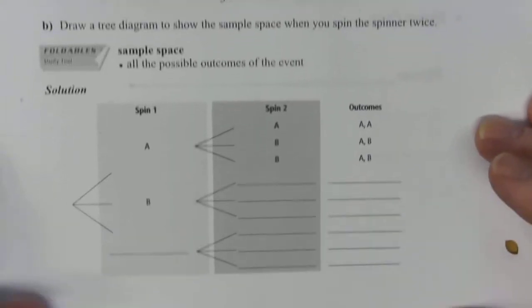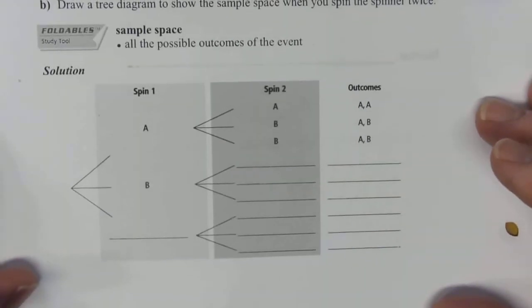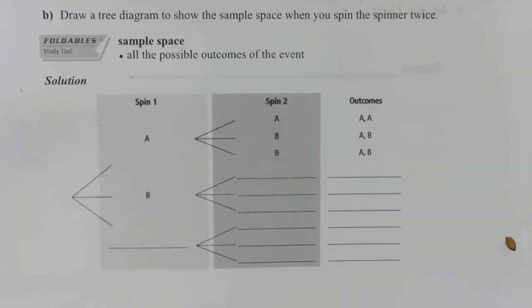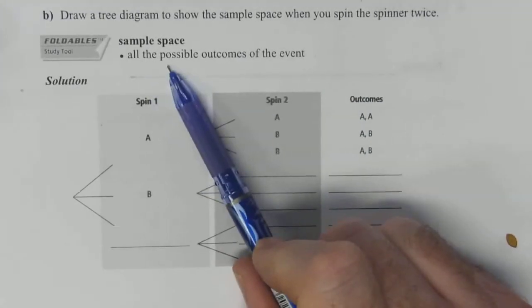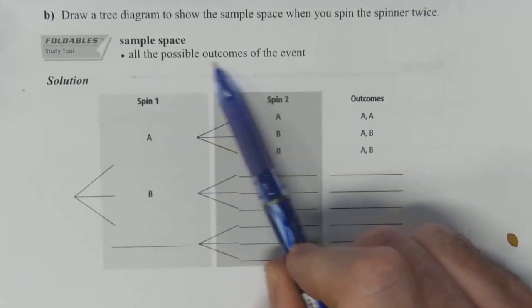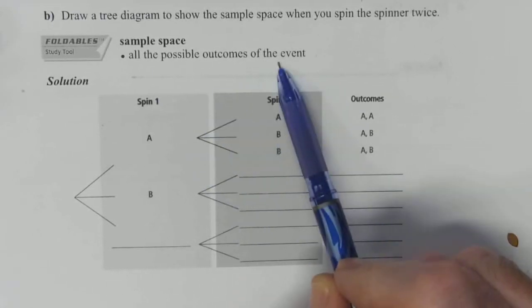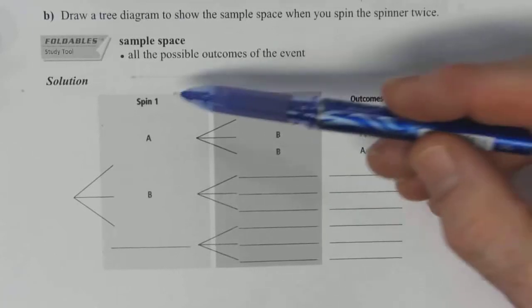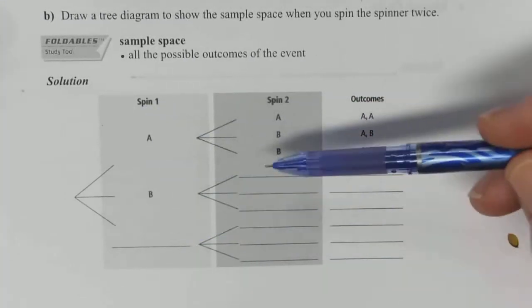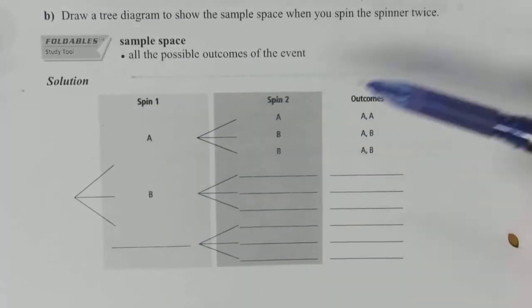However, we can also use a tree diagram to look at our sample space when we spin the spinner twice. So, sample space is all of the possible outcomes of the events, not just the favorable ones, but all possible outcomes of the event. So if you spin a spinner twice, you need to have 2 columns. One is for spin 1, one is for spin 2.